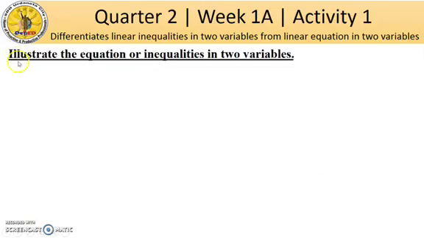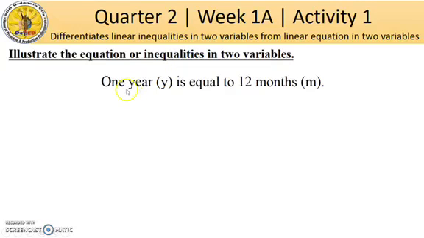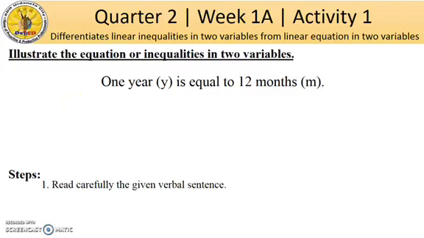Now, given the direction, illustrate the equation or inequalities in 2 variables. So we have 1 year is equal to 12 months. But first, let's go back to the steps. The first step, read carefully the given verbal sentence.